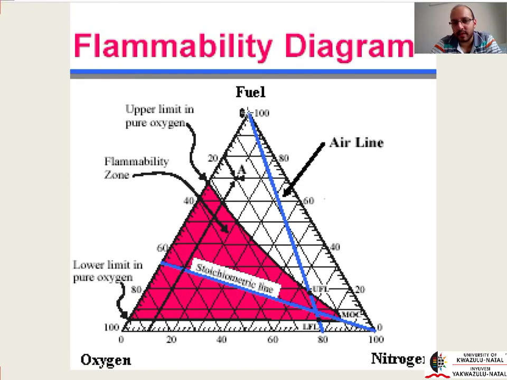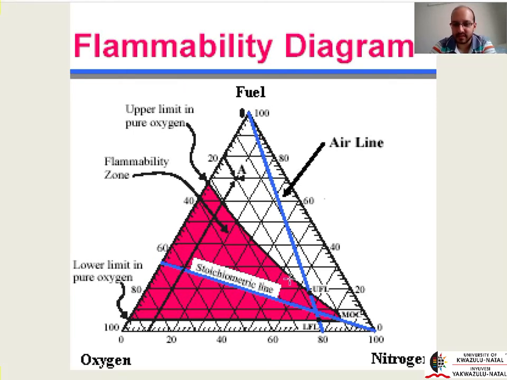So any point along this line here is representative of your fuel-air mixture. Okay, so that's your fuel-air line, which you simply draw by connecting your point from here at 79% to that pinnacle over here.